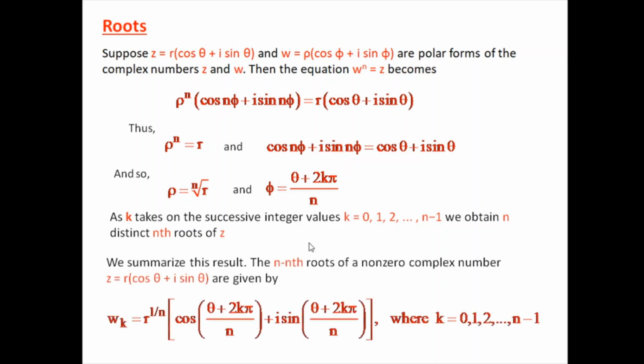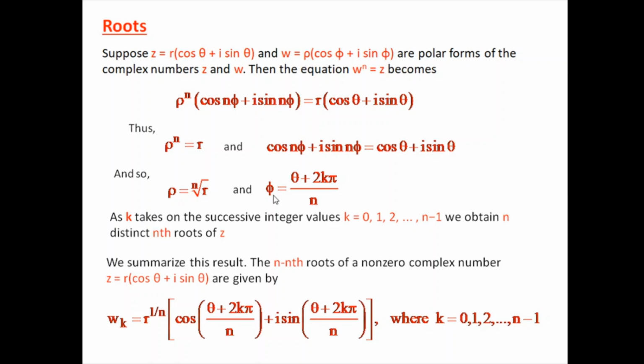So we summarize this result again: the nth roots of a non-zero complex number z are given by this formula. w_k was rho cos phi plus i sin phi.